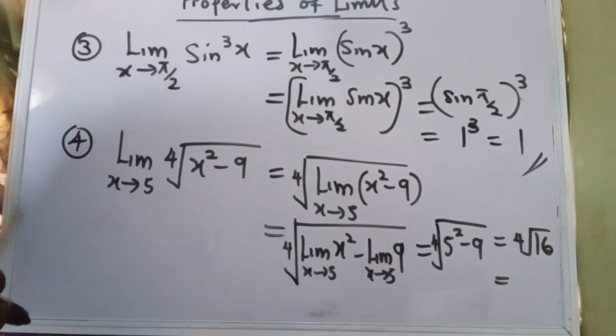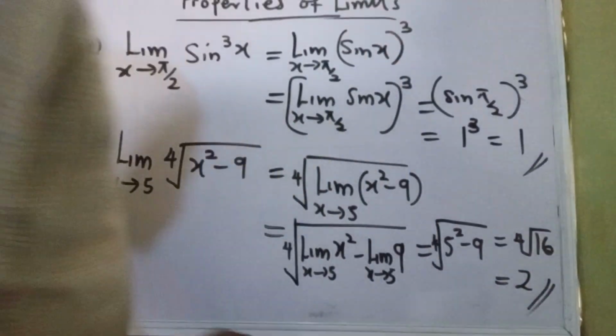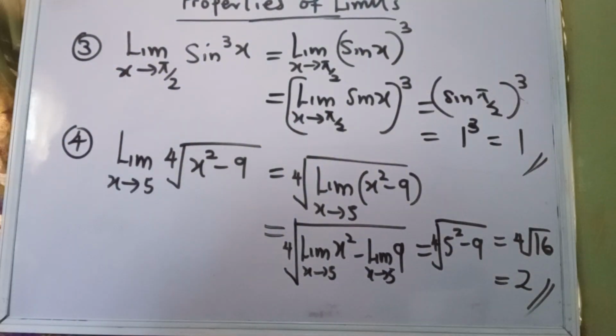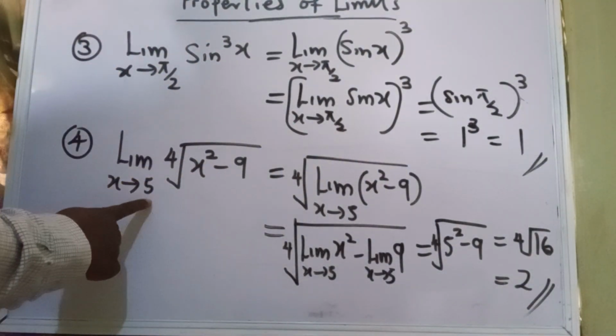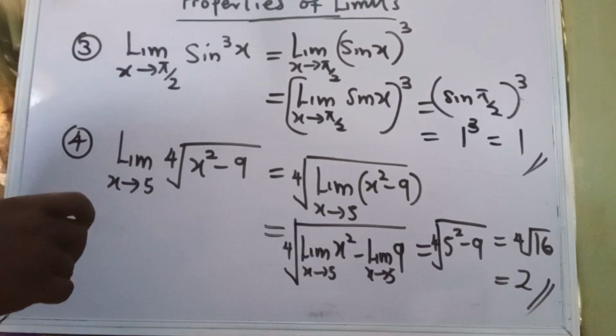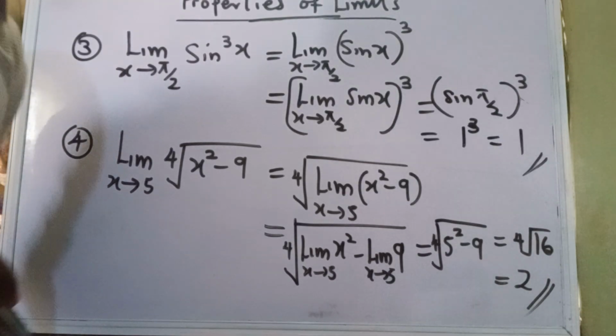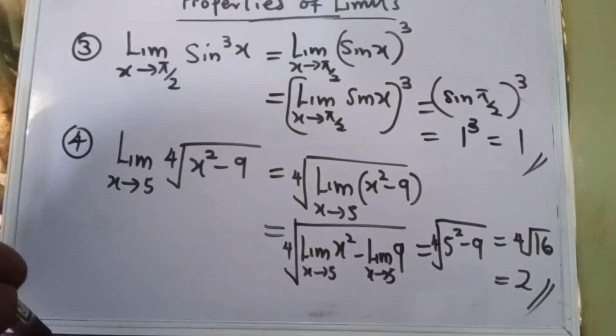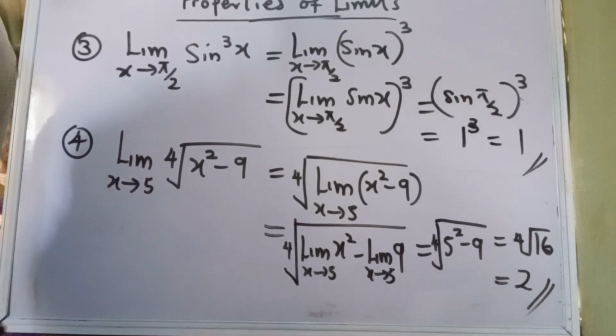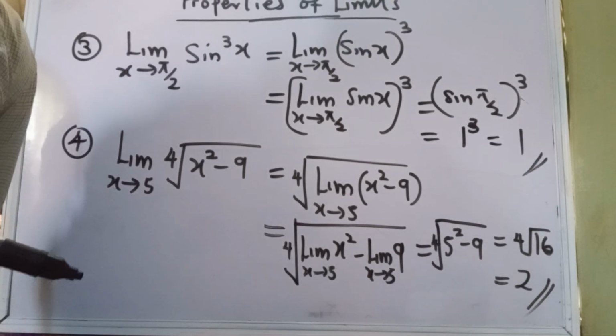Taking the fourth root of 16, this is 2. So the limit of this function as x tends to 5 is 2. So this is where we'll stop. Next class we'll be looking at limits at infinity, and some of the properties we have underneath.